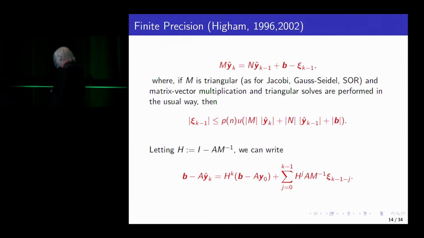If we let H be I minus A M inverse and do a little algebra, then you find that the residual b minus A y_k hat is H to the k times the initial residual, which it would be in exact arithmetic, plus the sum of some rounding errors.